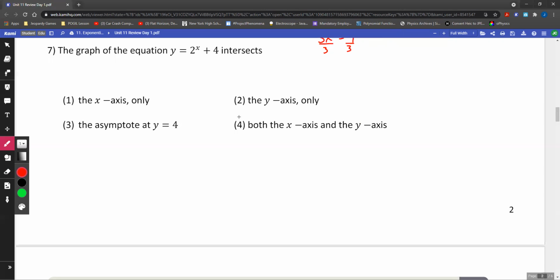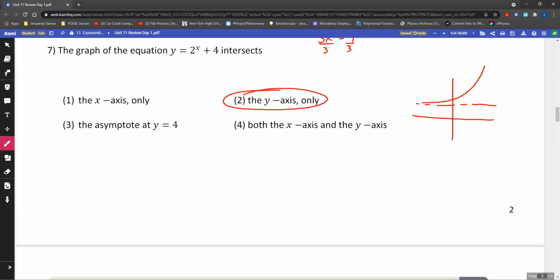When you plug it into the calculator, you get your equation to look like this. Oops, I was a little bit low. So it only will cross the y-axis.